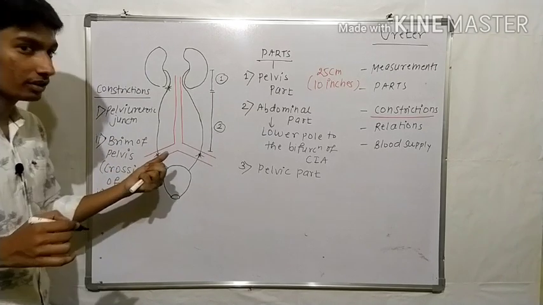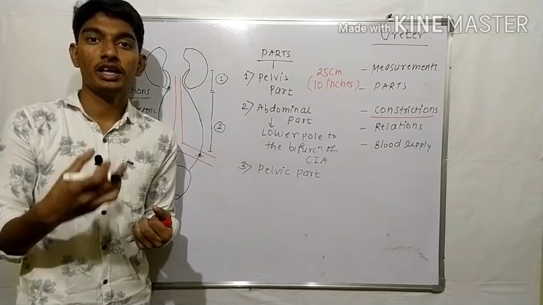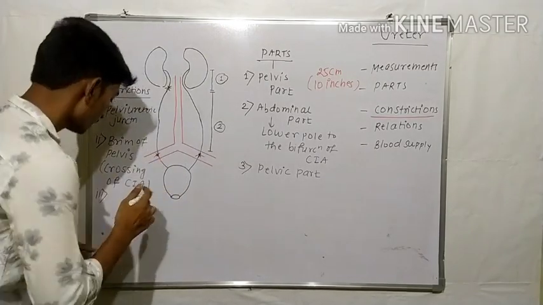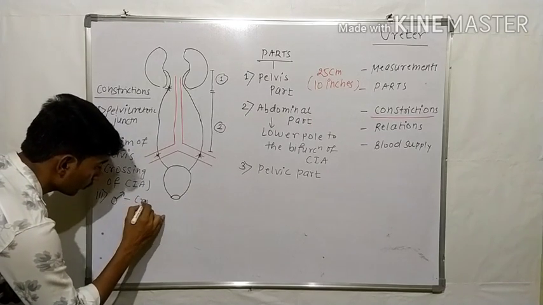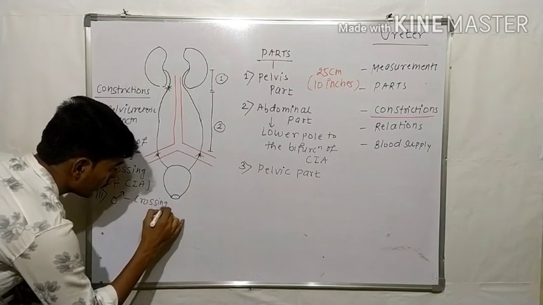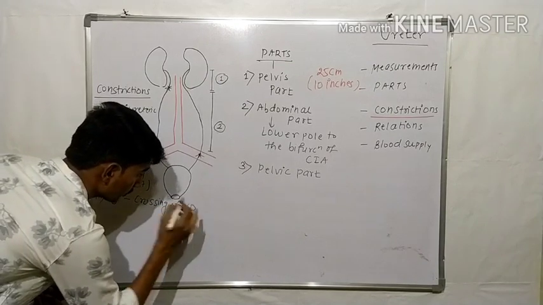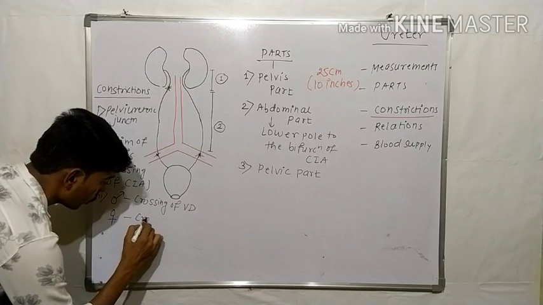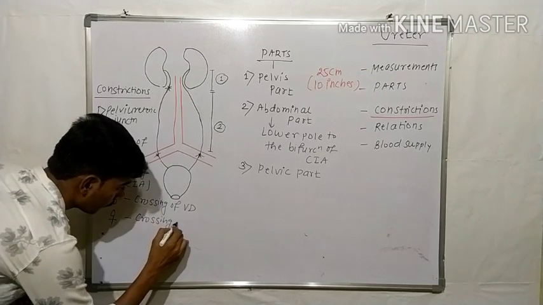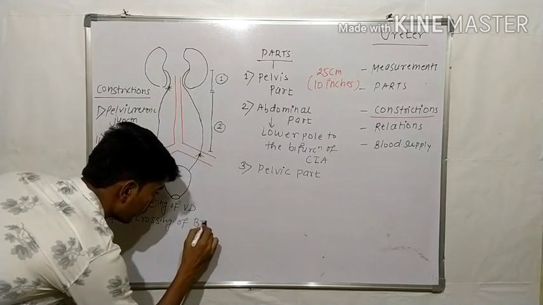Third constriction is different in male and female. In male, third constriction is due to crossing of vas deferens, and in female, it is due to crossing of broad ligament.